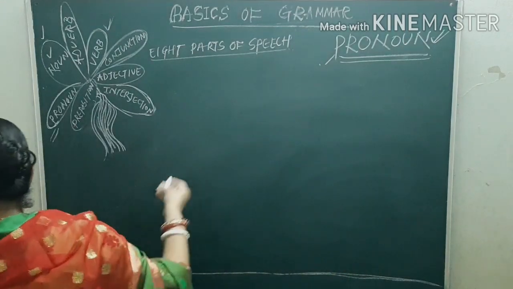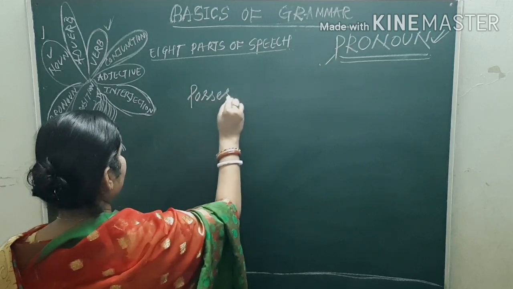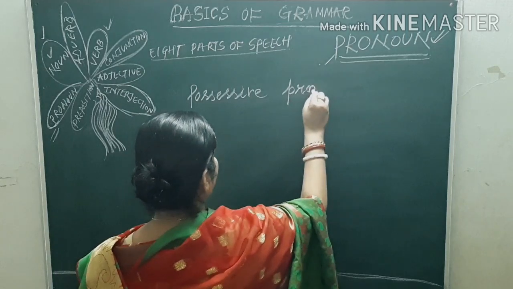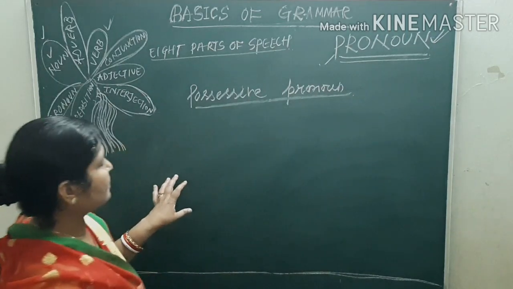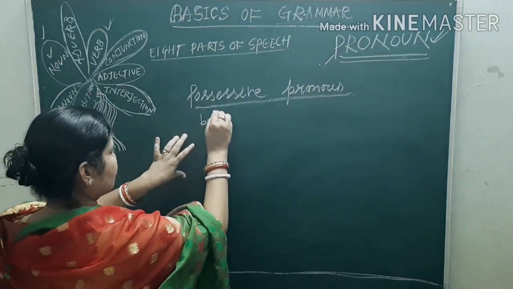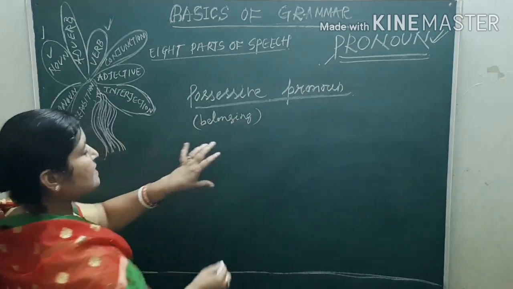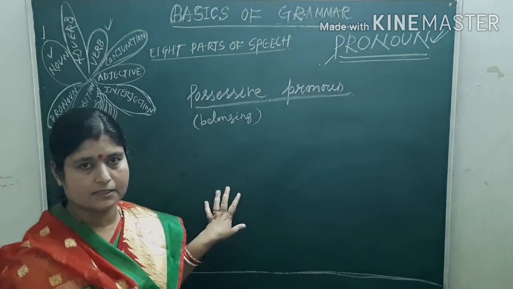Next comes our possessive pronoun. Possessive means belonging. Possessive pronouns are those pronouns which show belongingness. How?